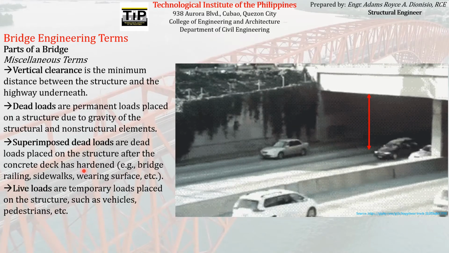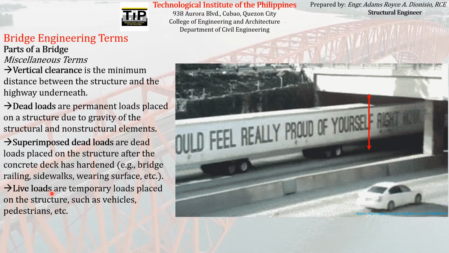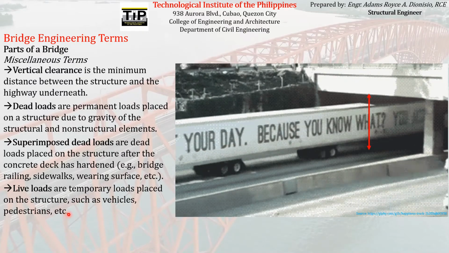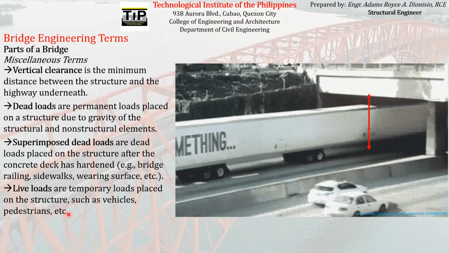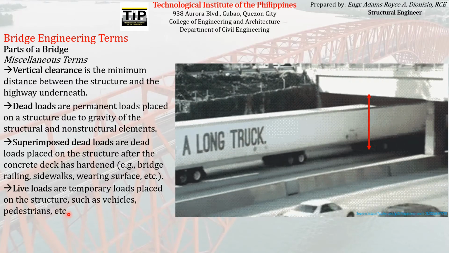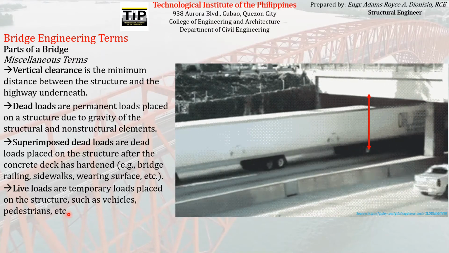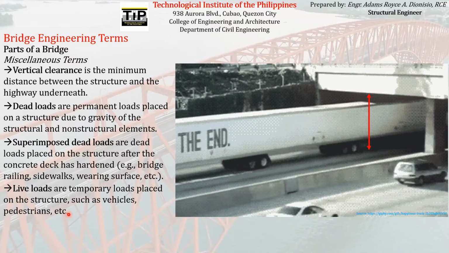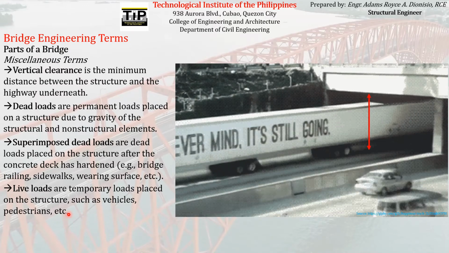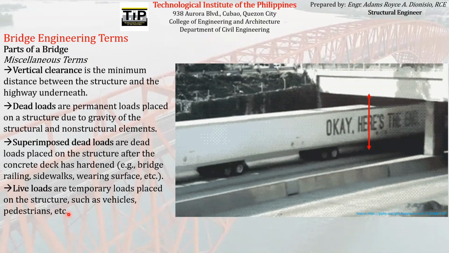Another miscellaneous term to define a part of a bridge is live loads. Live loads are temporary loads placed on the structure such as vehicles, pedestrians, etc. The keyword to define live loads is that these are the loads being carried by our bridge, by our structure, that have varying magnitudes and varying positions.